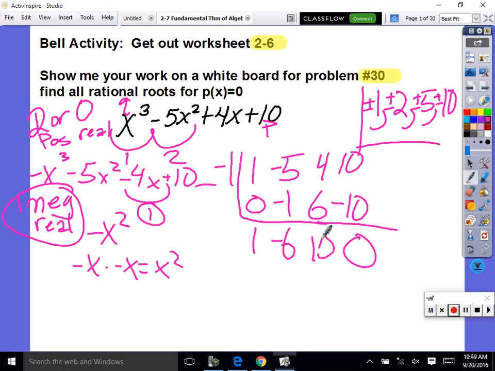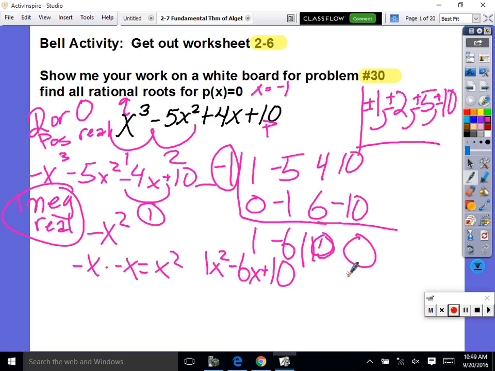So I know that negative 1 is a factor of this. So I already know that one of the roots is negative 1. And then I've got to see if 1x squared minus 6x plus 10 will be able to be factored.